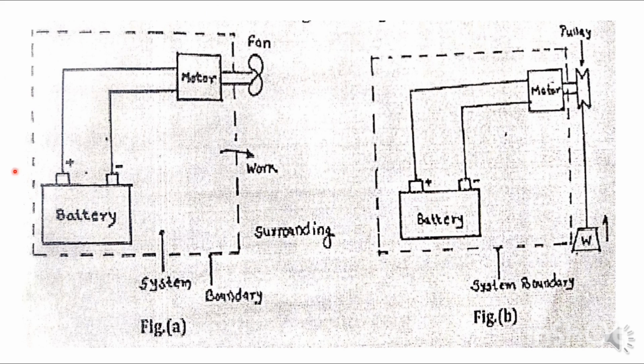This is nothing but the imaginary boundary, and this is my surroundings. You can see here, now this motor is driving the fan. Here the system is doing work on the surroundings.